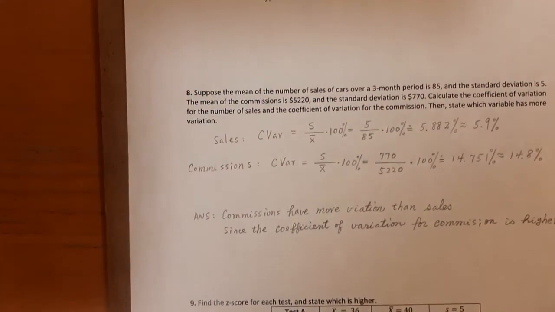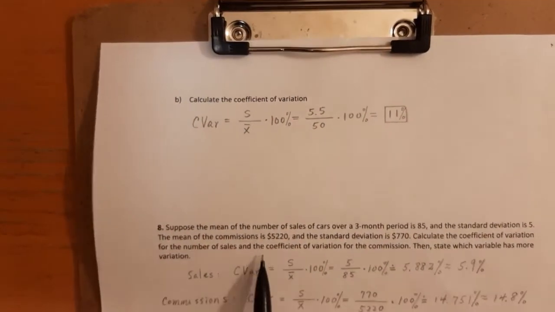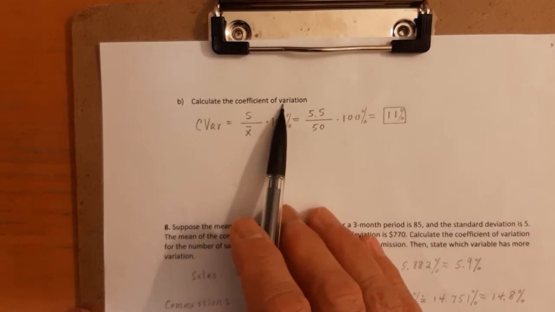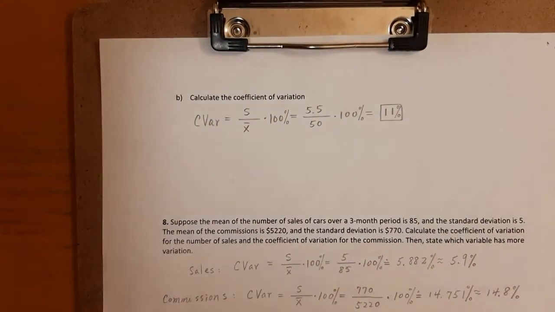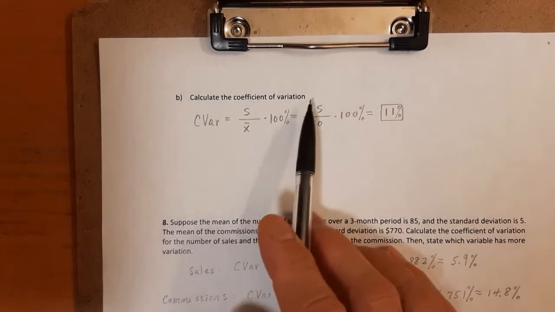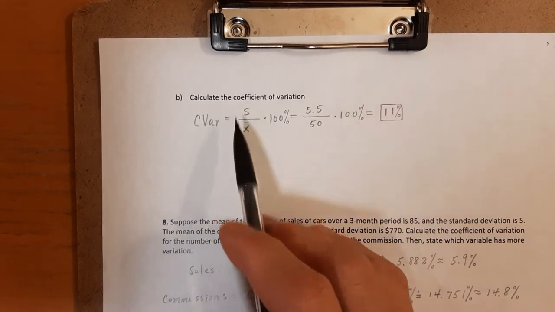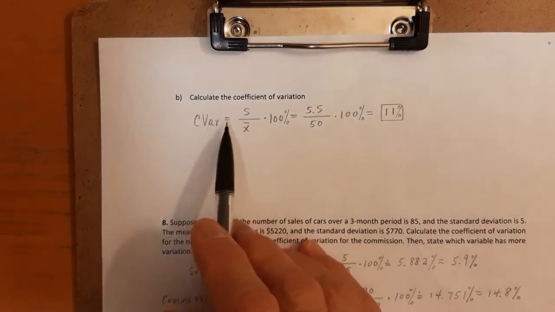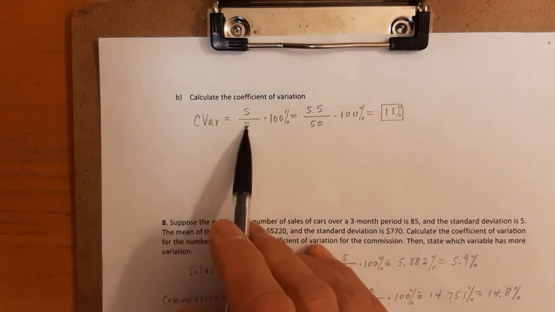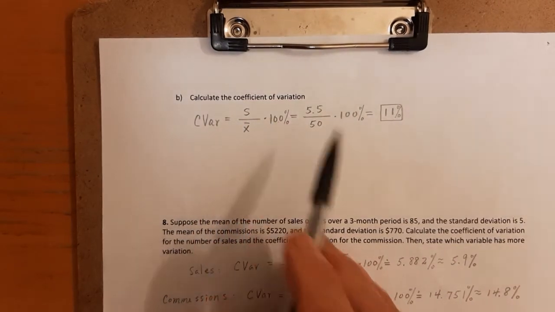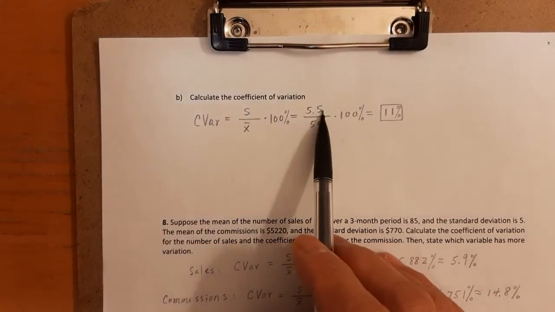Then next one, calculate the coefficient of variation. Coefficient of variation we write as CVAR. Formula is standard deviation S over sample mean, times 100%. So here standard deviation is 5.5.